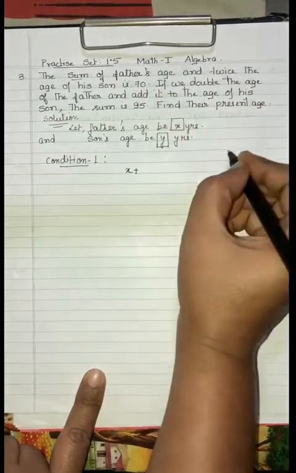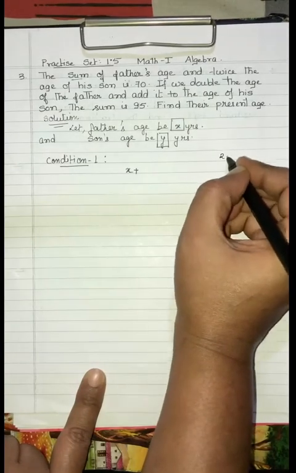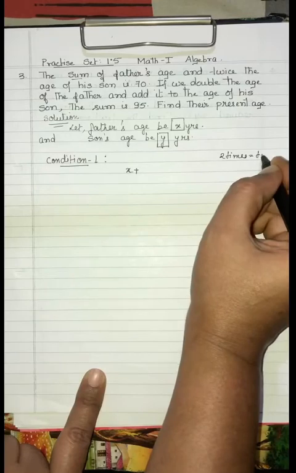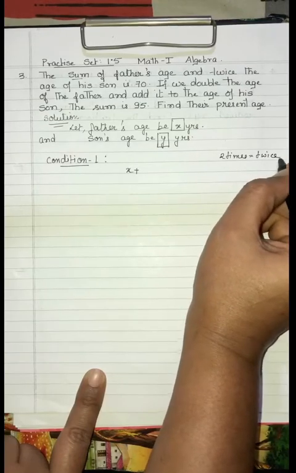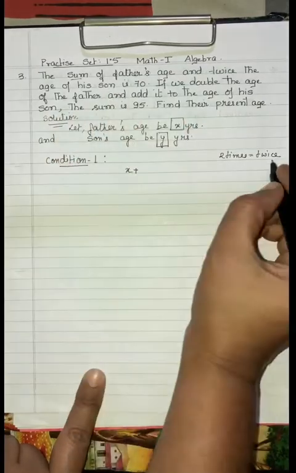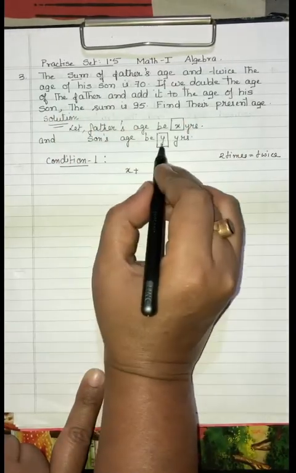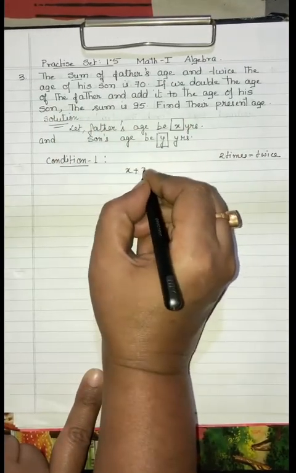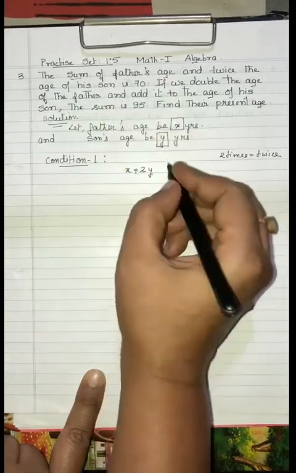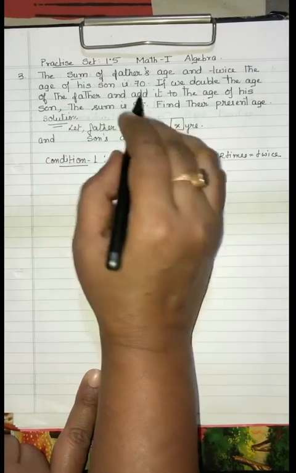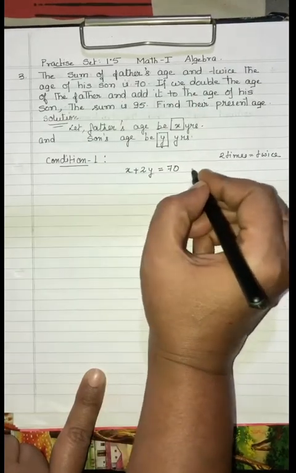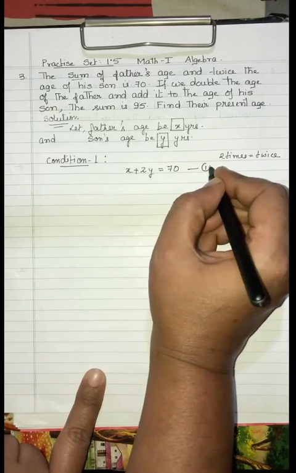Twice means, children, always remember, 2 times. So twice the age of his son. What is the age of the son? Age of the son is y. So x plus 2y is equal to 70. This is the first equation.